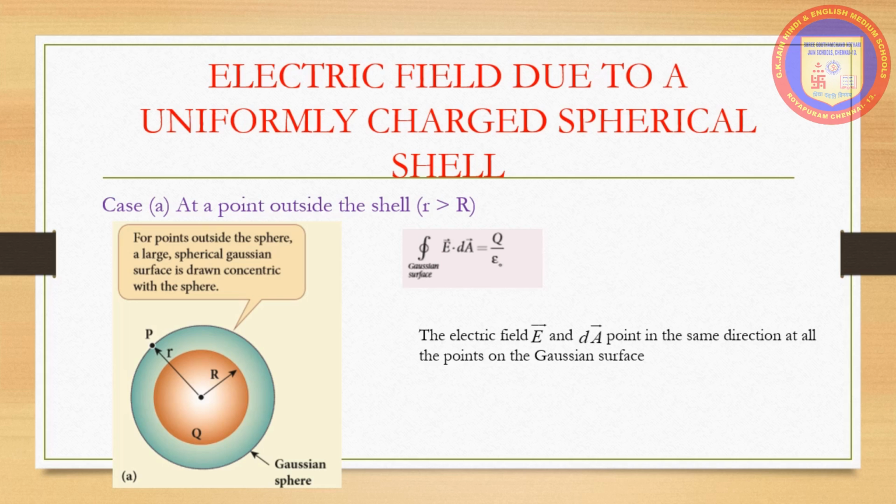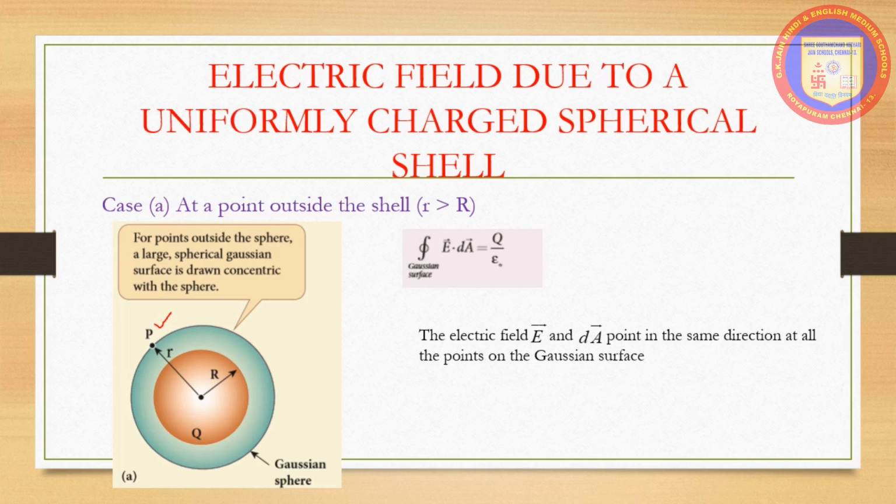Let us choose a point P outside the shell at a distance r from the center. The charge is uniformly distributed on the surface of the sphere. So consider a spherical Gaussian surface of radius r, and the total charge enclosed by this Gaussian surface is q.